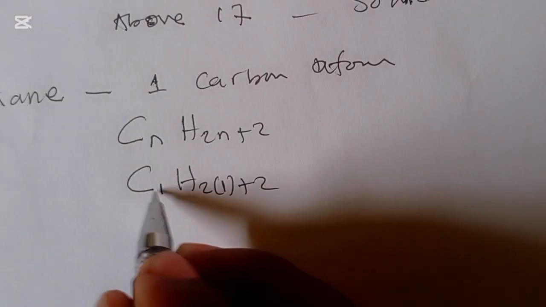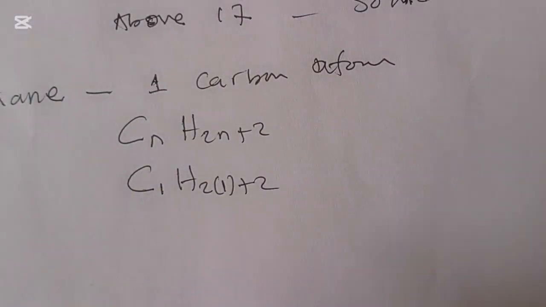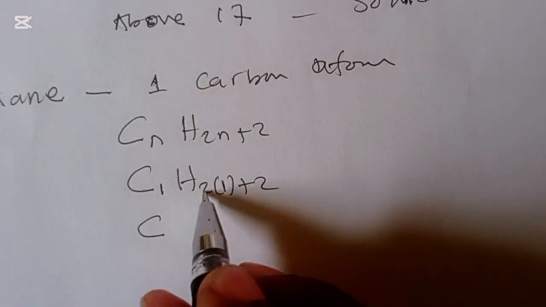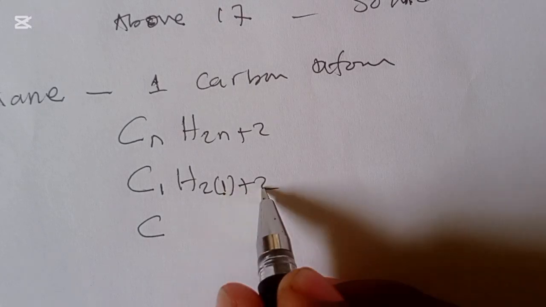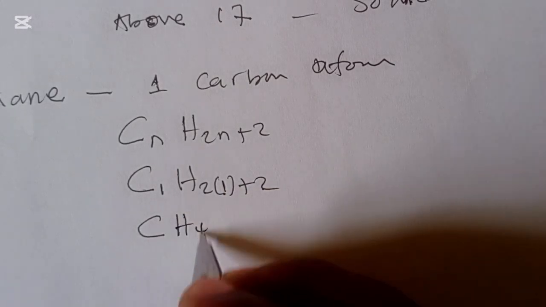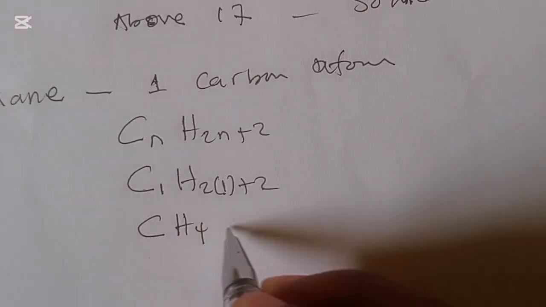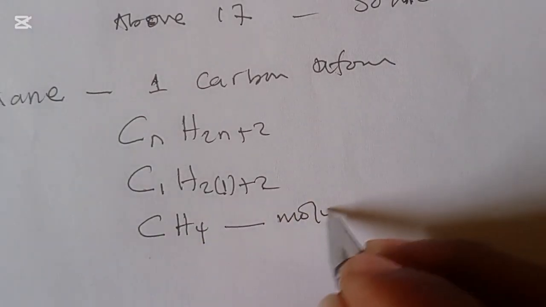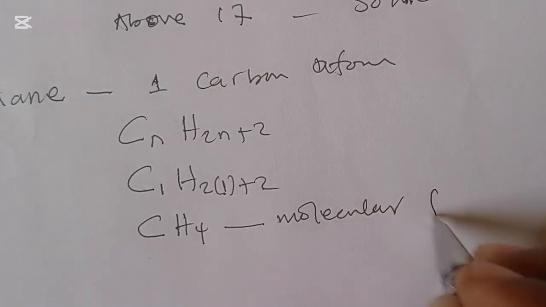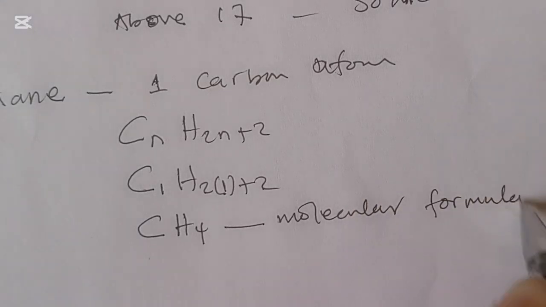We don't write the subscript of 1. So 2 times 1, that is 2, plus 2, that is 4. So this is the molecular formula.